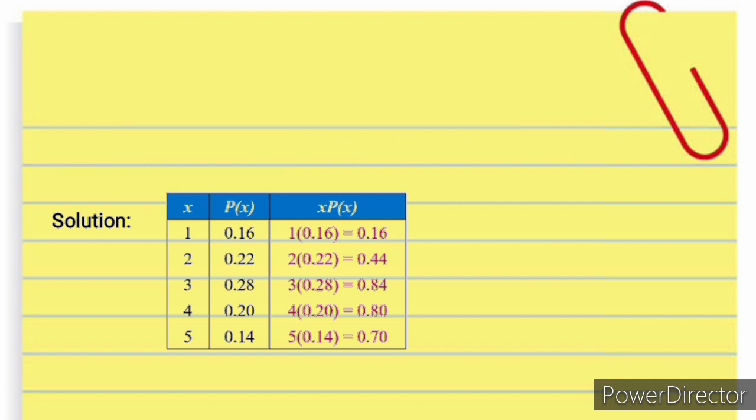After finding x times P of x, add all the products of it, and so we obtain that the mean is equals to the summation of x times P of x is equals to 2.94, which is approximately 2.9.